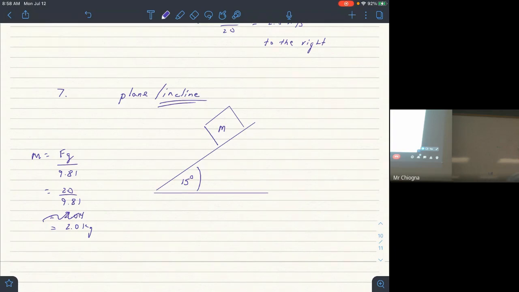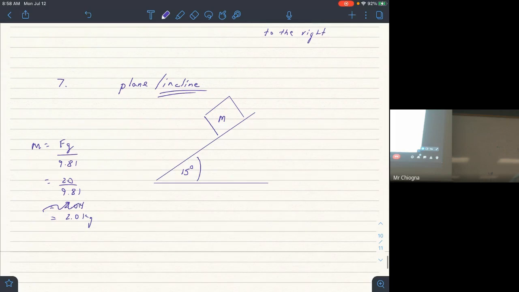What is the acceleration of the block down the incline? So it's smooth. Okay, another word that stands out: it's smooth. What they mean by that is no friction. So what's the force that's pulling it down?